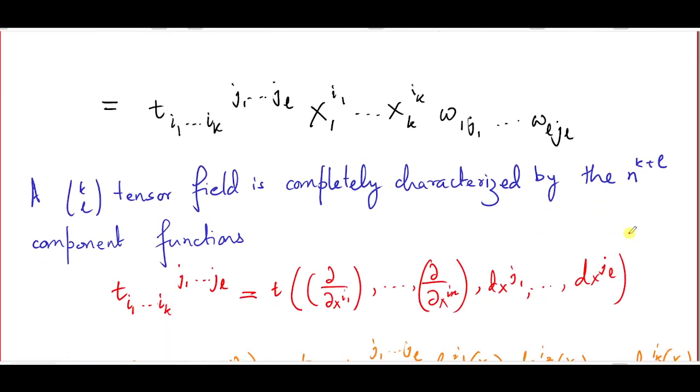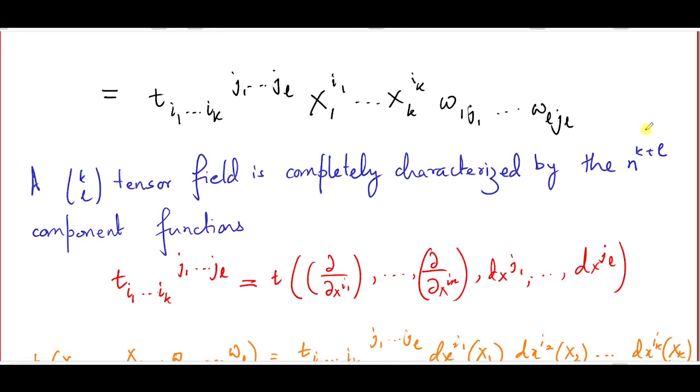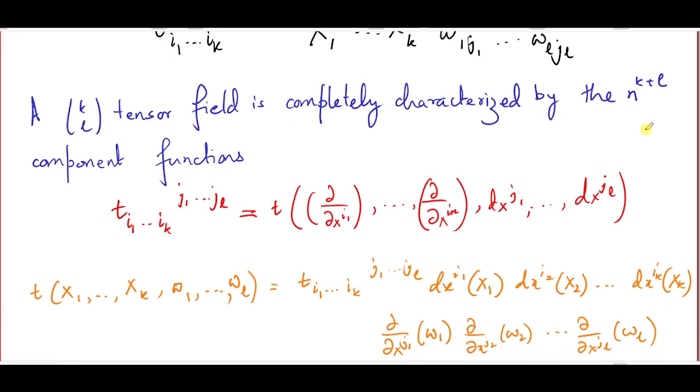Now, these functions, as we said, completely specify what the tensor is by telling you what the tensor does. It gives you this combination of sums of products of functions as a result of its action on X_1, X_2, X_k, omega_1, omega_2 up to omega_l. Now there's a slightly different way of writing this, which is the following.